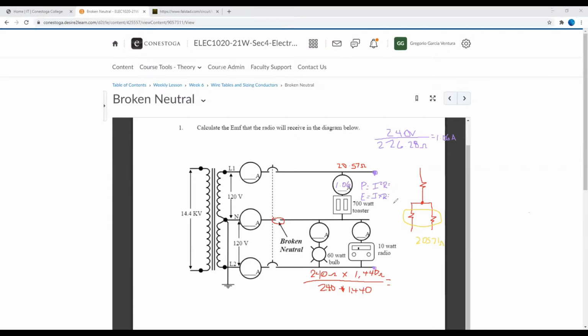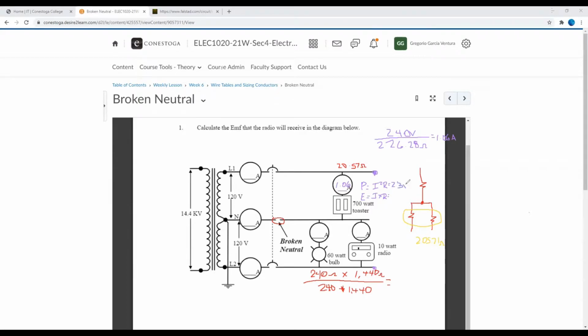So we have our 1.06 squared times the 20.57, and that's going to be equal to only 23 watts.